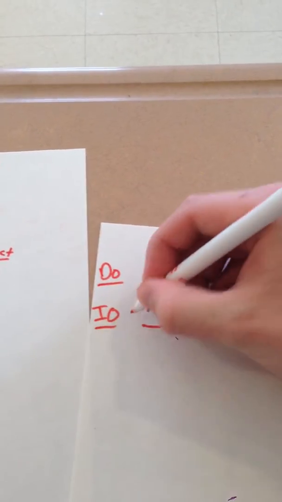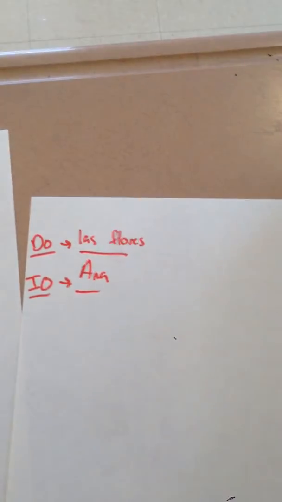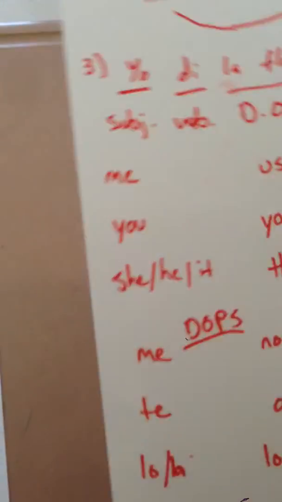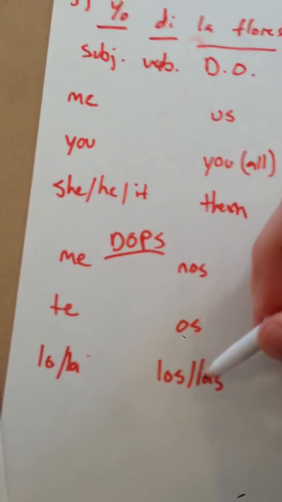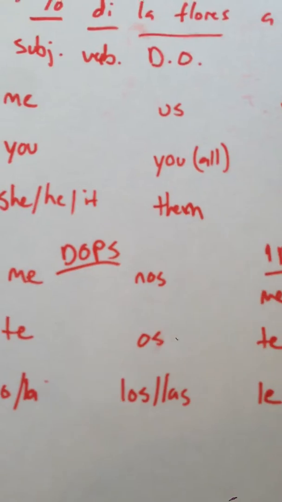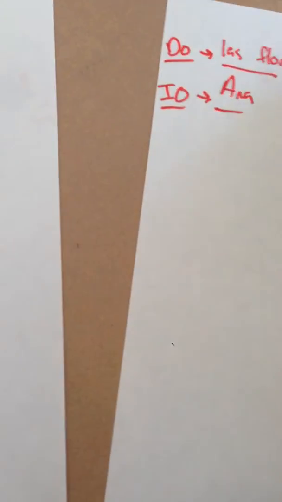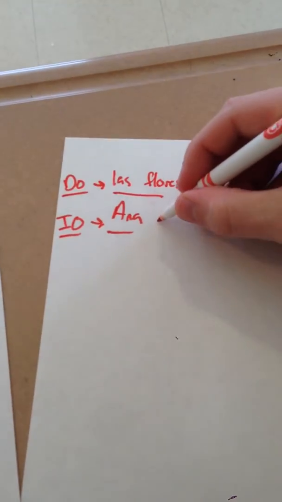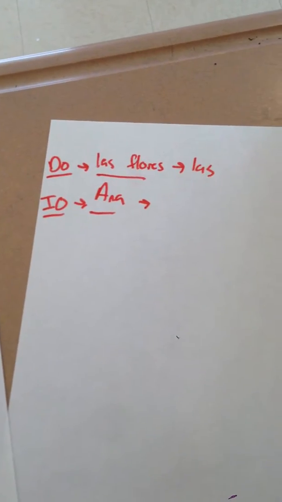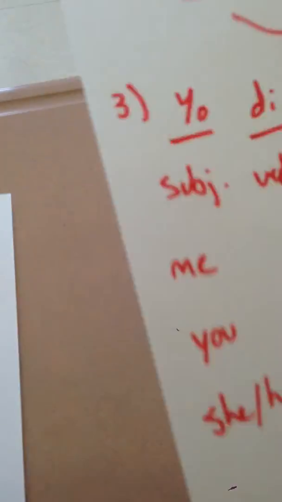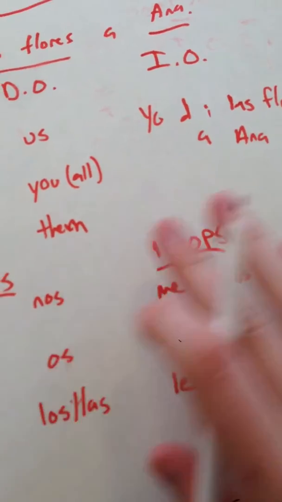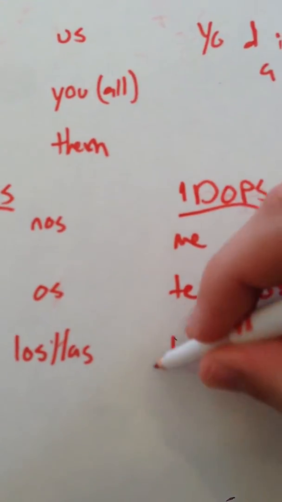Ana is our indirect object. So we use our direct object pronoun that corresponds to las flores. Flowers are objects and they're feminine, so we'd use the direct object pronoun las. And Ana is a girl. She's the recipient of the flowers, she's the indirect object. So we look at our indirect object pronoun, and for a singular third person object we have le.